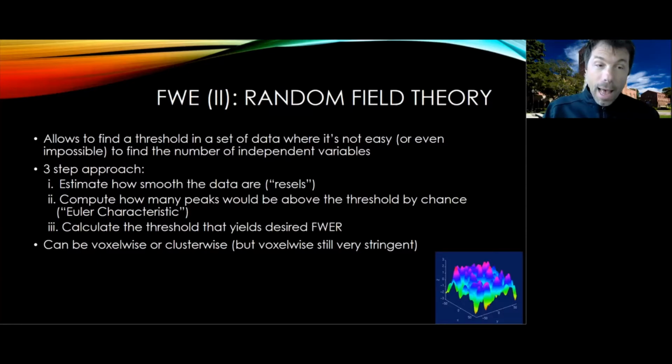Then you compute the Euler characteristic, which means, if you think of this particular graph down here, how high a threshold do you need so that you get at most the desired number of false positives, 0.05, and then you take that threshold and you apply it to your data.